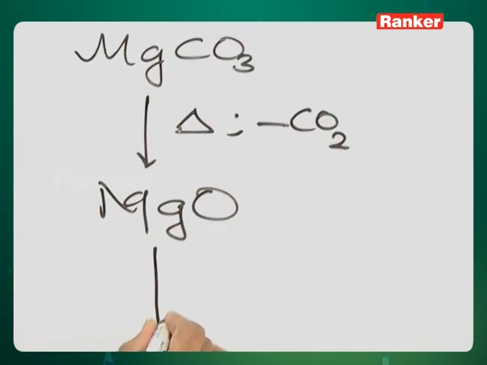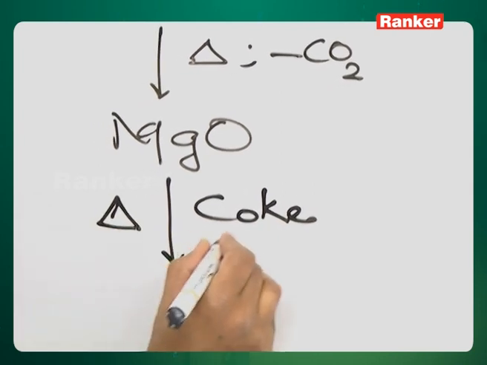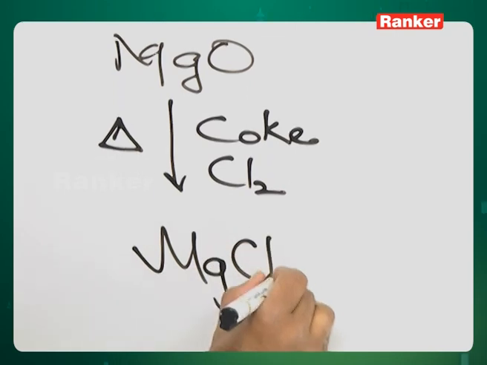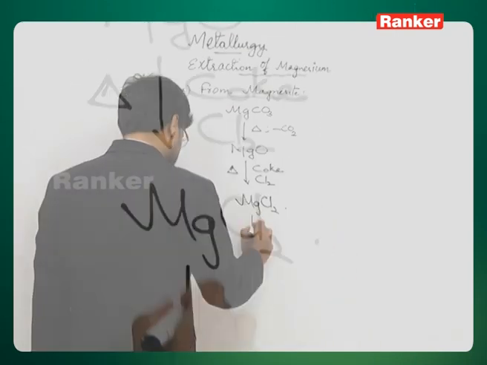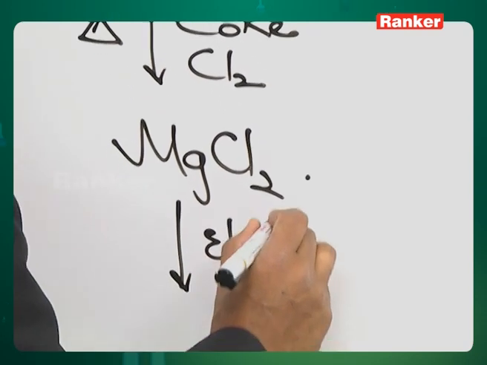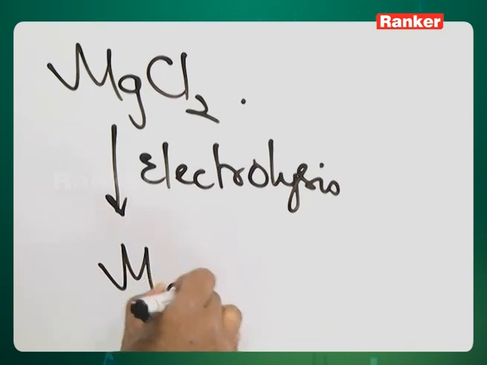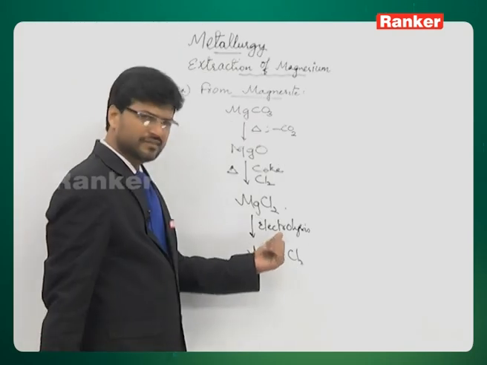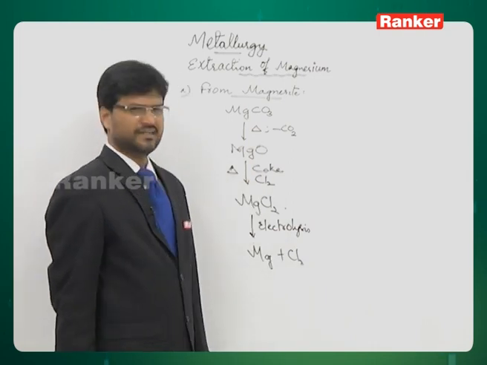Then this is mixed with coke and heated in a current of chlorine gas. You get magnesium chloride. This is subjected to electrolysis. You get magnesium and chlorine. I will elaborate this after some time. So, this is how magnesium is extracted from magnesite.